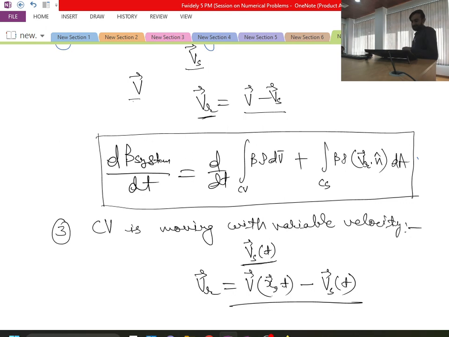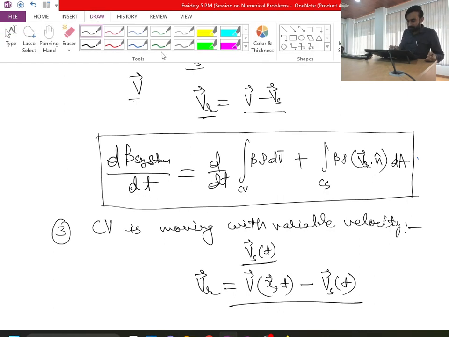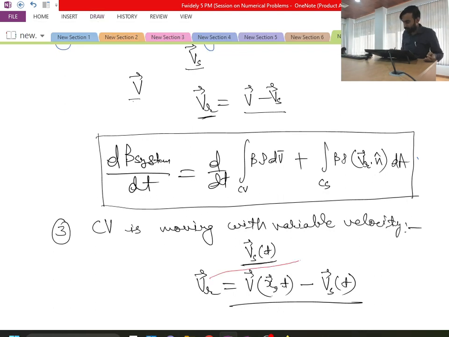So the only thing we have to do is substitute this formulation of VR over here; the whole equation remains the same, but estimation of VR will be more complicated. Fine.